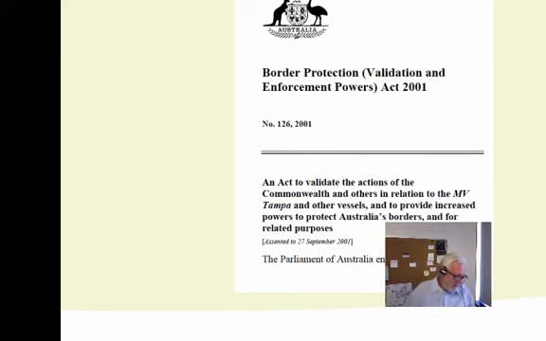Nevertheless, some sort of show of force by the Howard government at the time, and they very quickly, with the agreement of the Labor leader at the time, Kim Beazley, signed off on this Border Protection Validation and Enforcement Powers Act.